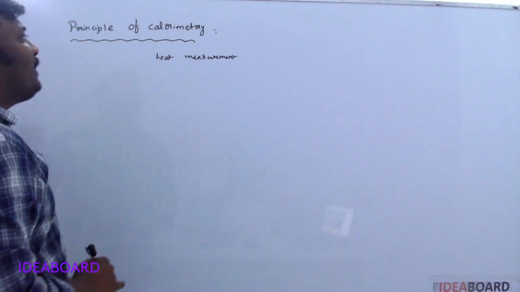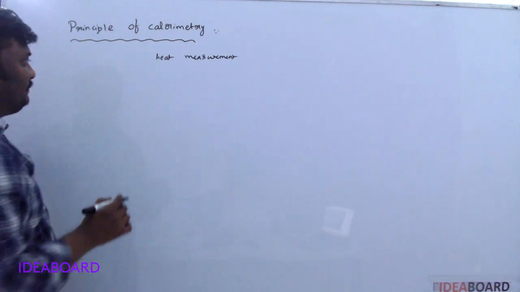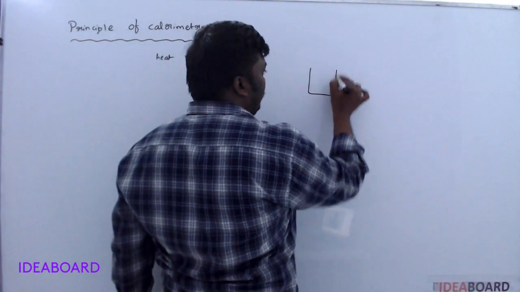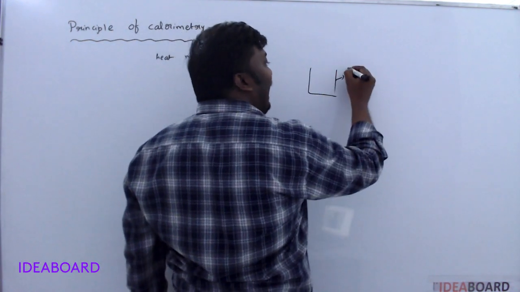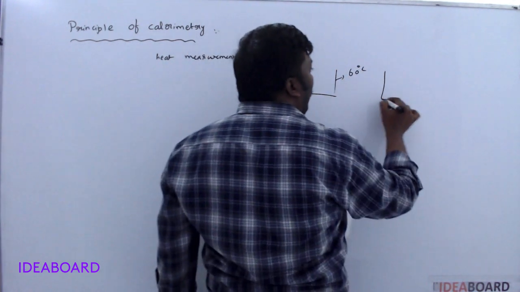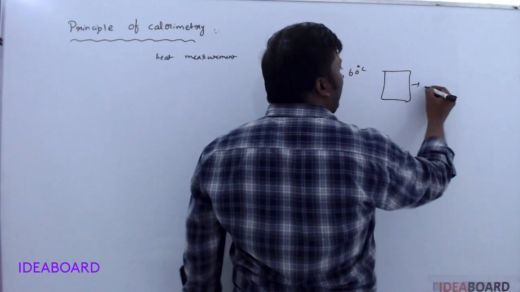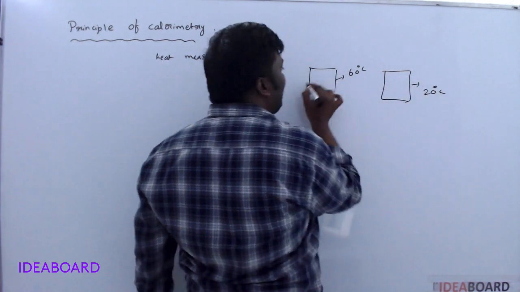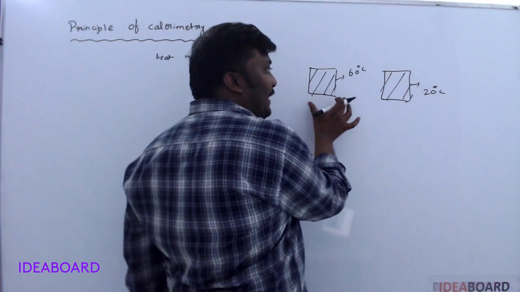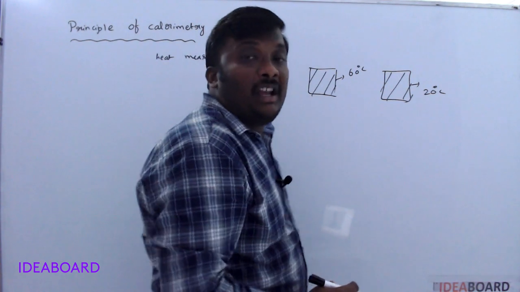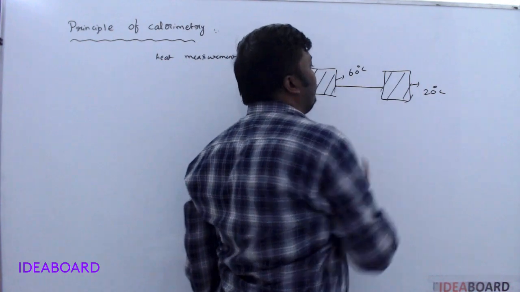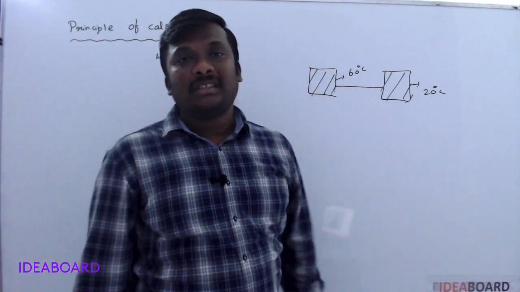Okay. The principle of calorimetry is very simple. If you take two bodies, one body is at higher temperature, for example 60 degrees Celsius. Another body is at lower temperature, suppose 20 degrees Celsius. One is at higher temperature, another one is at lower temperature. If both are in thermal contact with each other, then what happens?